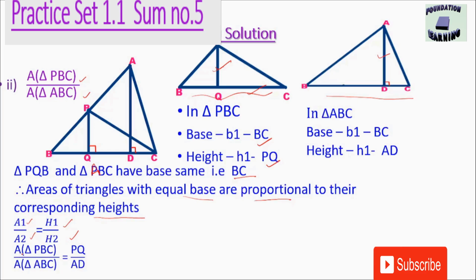Area of triangle PBC upon area of triangle ABC is equal to, what is H1? H1 is PQ. And what is H2? H2 is AD. Okay, so this is the answer of the second part.